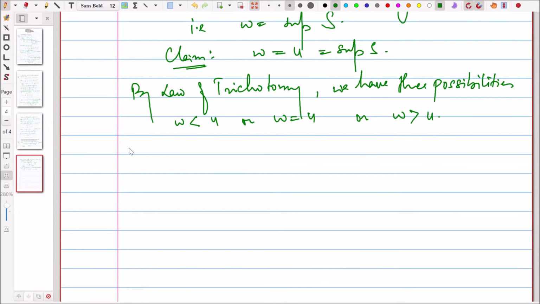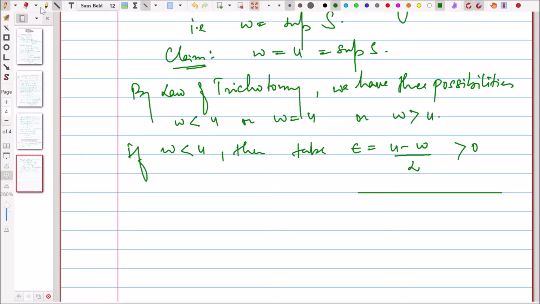If W is less than U, then take epsilon equal to (U minus W) by 2, which is greater than 0. So this is the number line, and this is our U and this is our W. Then we take epsilon equal to (U minus W) by 2.